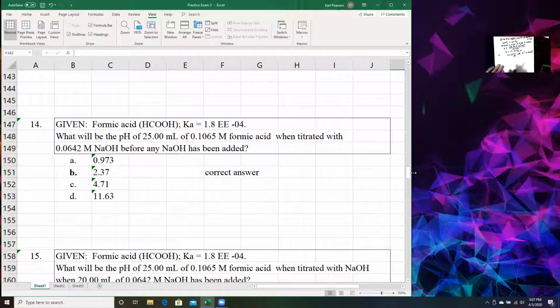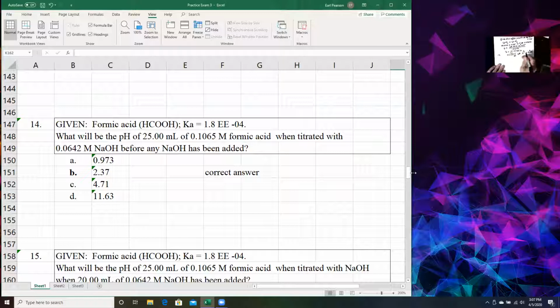I'm going to write it like this because this is a setup we can use over and over again in these kinds of problems. We start out with some initial concentration of this, and none of that is present, so that's a 0 and that's a 0. But then the equilibrium is going to shift to the right.